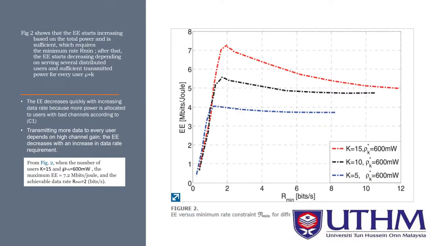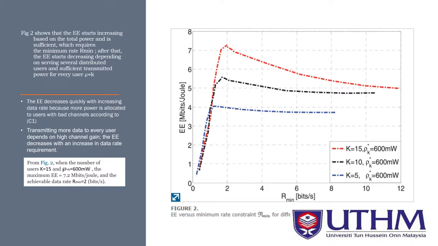And this one is the result for Figure 2. Figure 2 shows that the EE starts increasing based on the total power that is sufficient to satisfy the minimum rate Rmin.